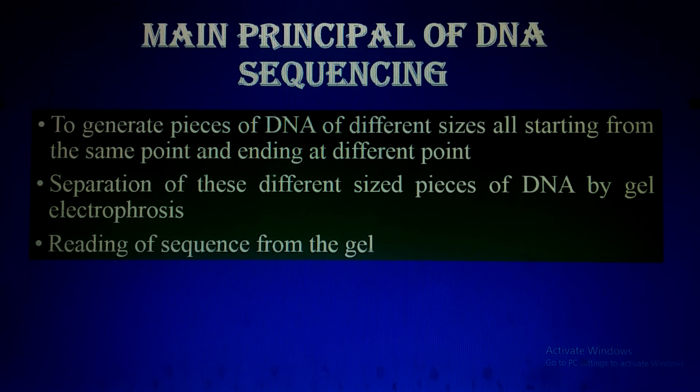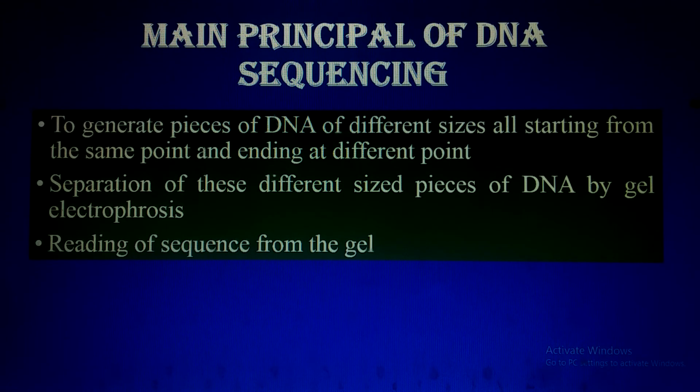Okay, so first of all, the basic concept or basic principle of DNA sequencing. What is that? Number one, to generate pieces of DNA of different sizes, all starting from the same point and ending at different points. Number two, separation of these different size pieces of DNA by gel electrophoresis.